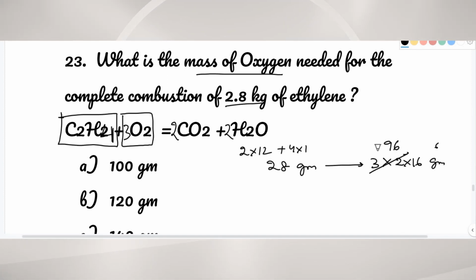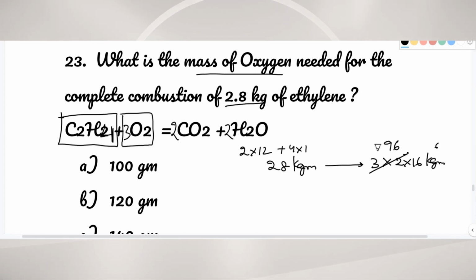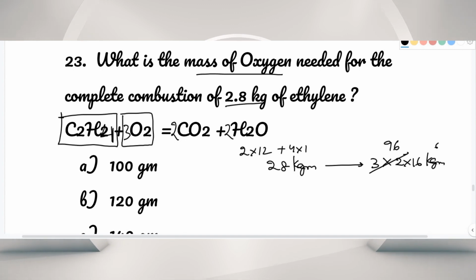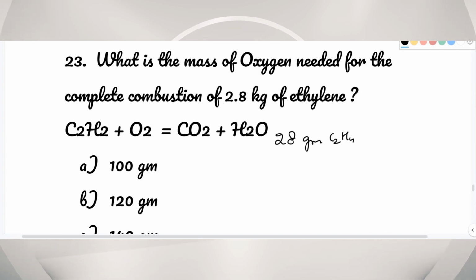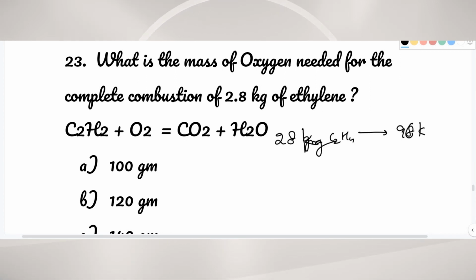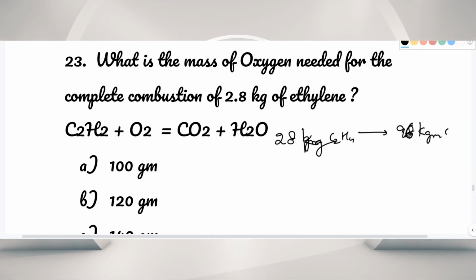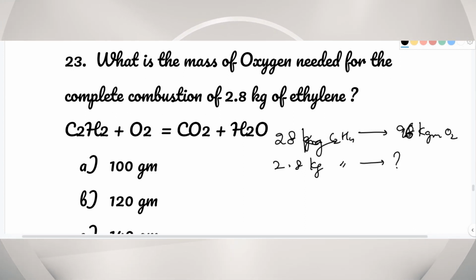Since things are in terms of kilograms, I'm also calculating in terms of kilograms. So 28 grams of C2H4 need 96, not grams, kilograms of oxygen. Then 2.8 kilograms of ethylene need how many kilograms of oxygen?